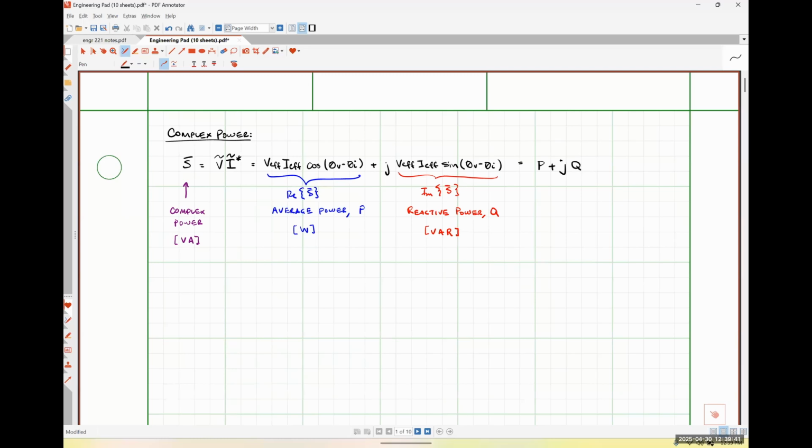Okay. So the average power, or the real part of the complex power, is typically associated with resistance in a load of interest. And the reactive power, Q, is typically associated with any energy storage in our load, either in the form of inductance or capacitance.